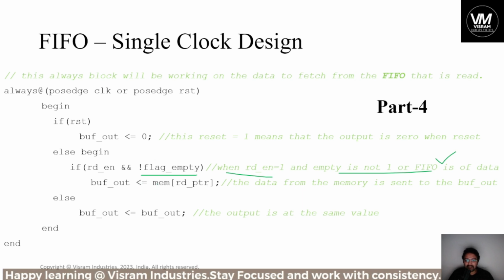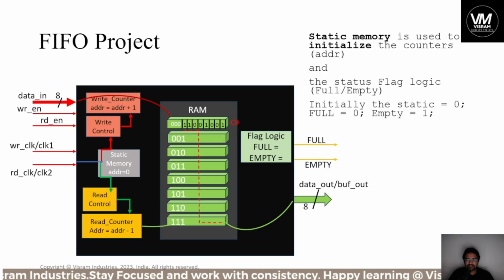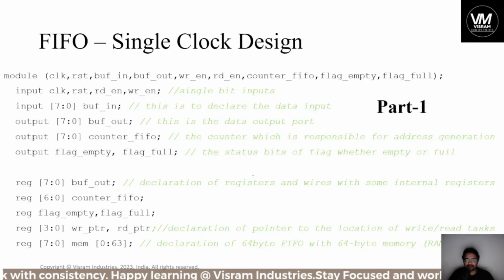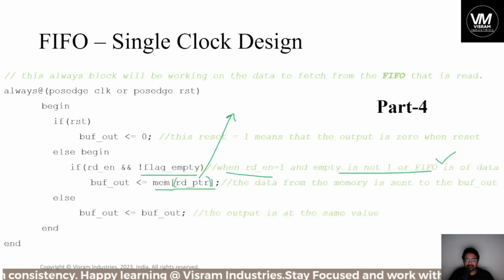Then that data from the read pointer, the read pointer is nothing but the address location, is generated. That read pointer helps in locating from which memory location the data can be obtained. That memory location data is sent through buff out.